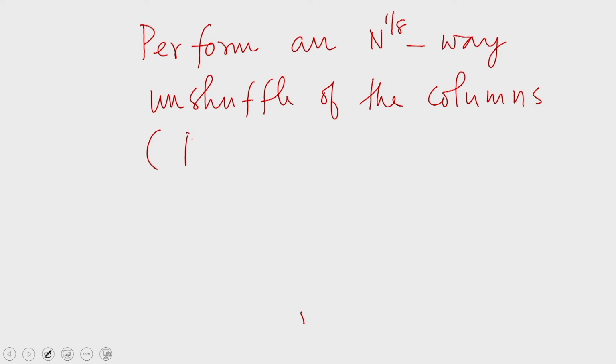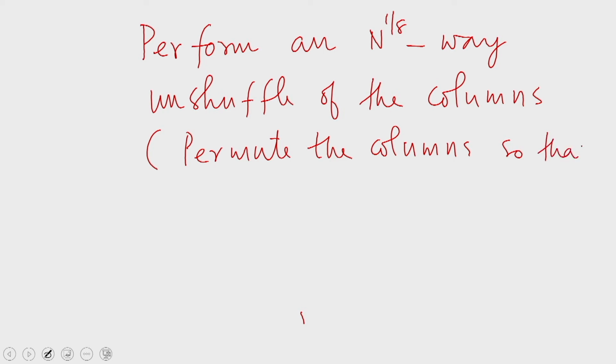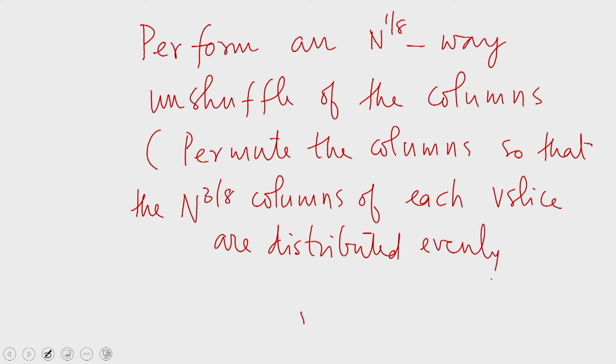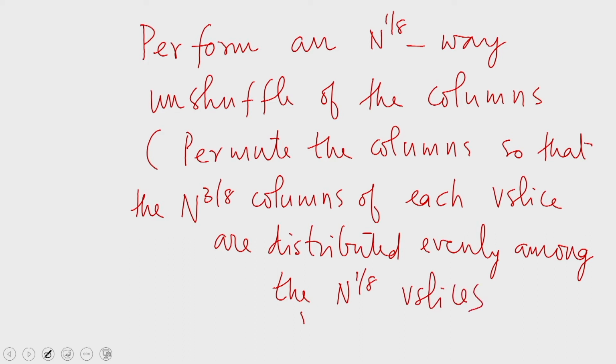That is the same as saying that we permute the columns so that the n power 3 by 8 columns of each vertical slice are distributed evenly among the n power 1 by 8 vertical slices. So this is what we want to accomplish.